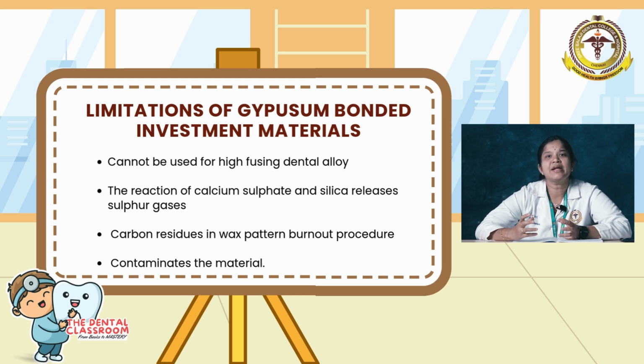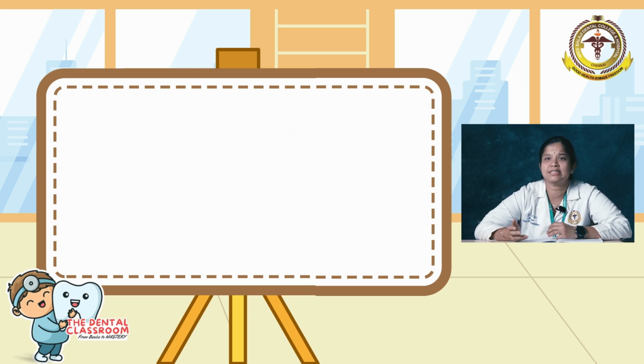This calcium sulfate and silica start reacting to release sulfur gases along with traces of carbon residues which come from the wax pattern burnout procedure. So this carbon and the sulfur gases will contaminate the casting.